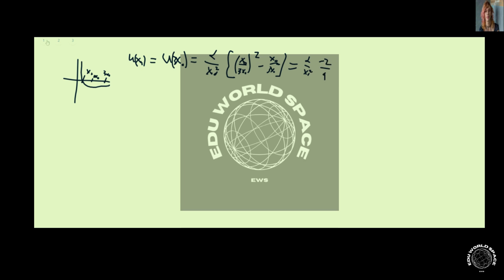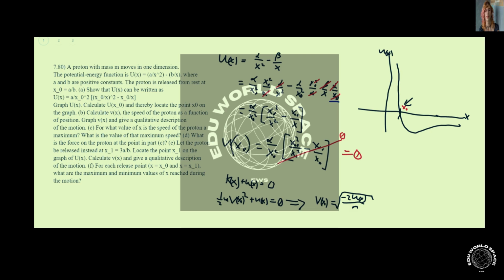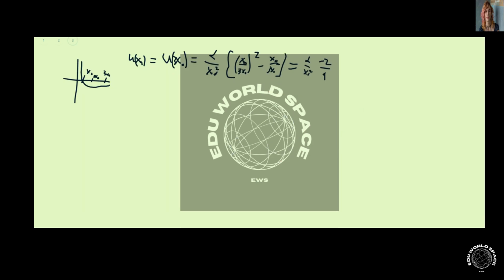Okay, what was the next question? Calculate Vx and give a qualitative description of the motion. Okay, so we're going to do the same thing as before when we had the conservation of energy written out. We have 1/2 m Vx squared plus u of x.